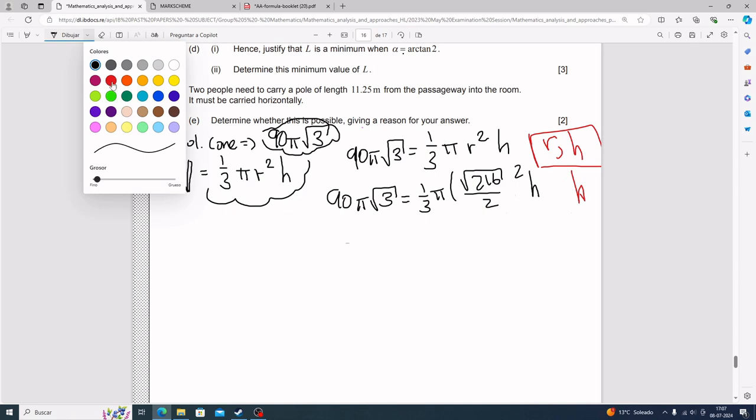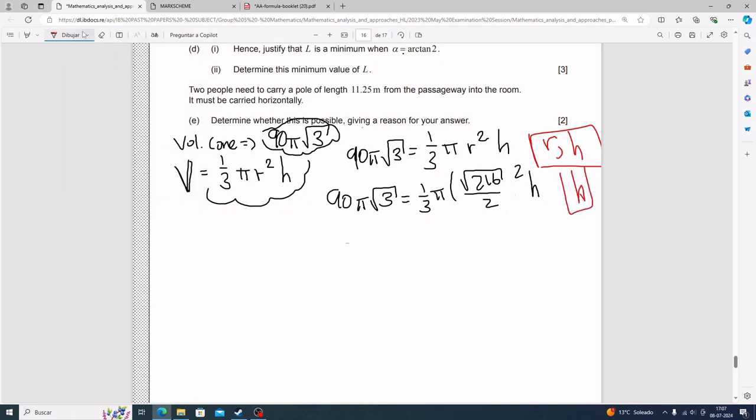So basically what I would start off with is that the left side I'm just going to leave the same. On the right side, I end up with 1/3 pi, and I'm going to apply the square on the parentheses. So, because it's squared, you end up with square root 216 times square root 216 divided by 2 times 2.